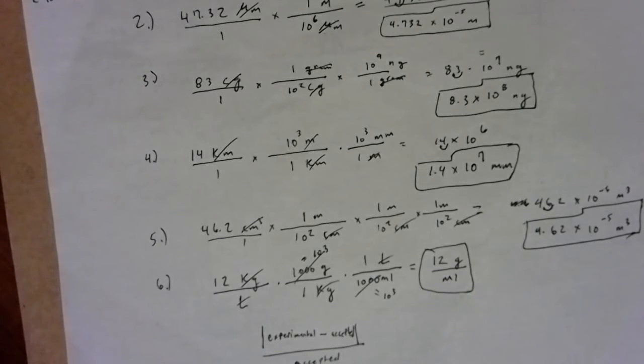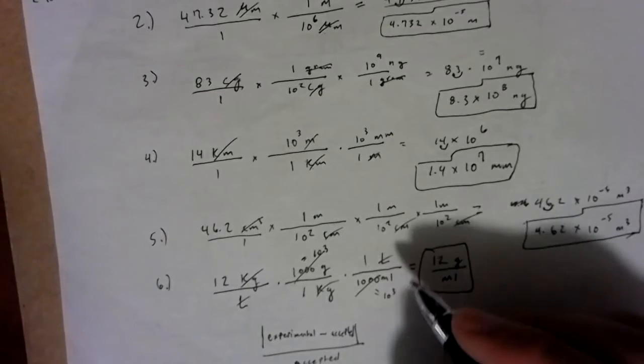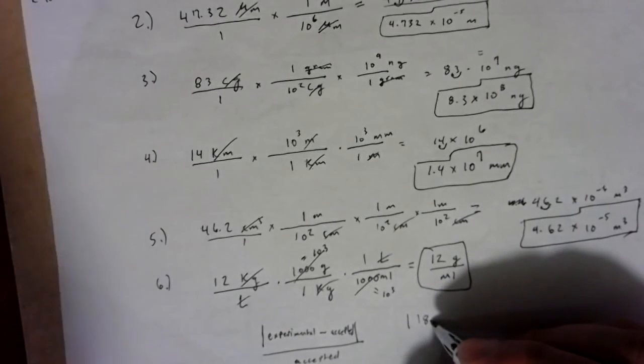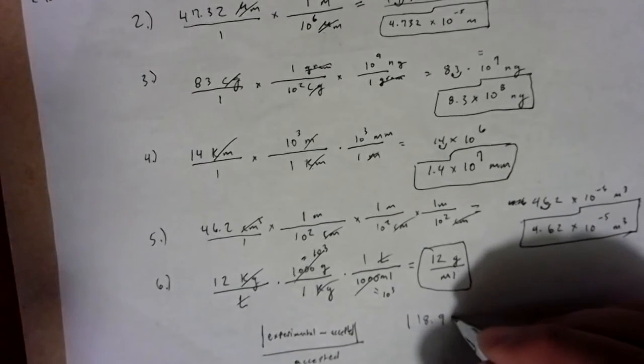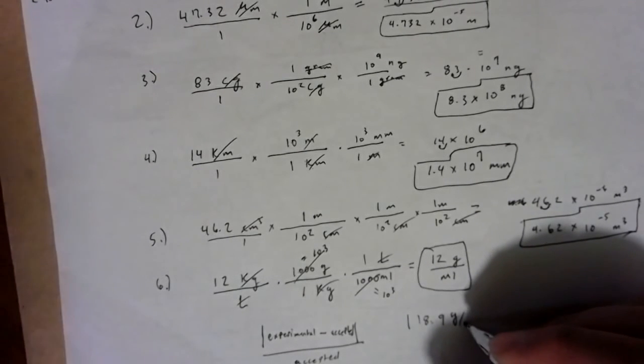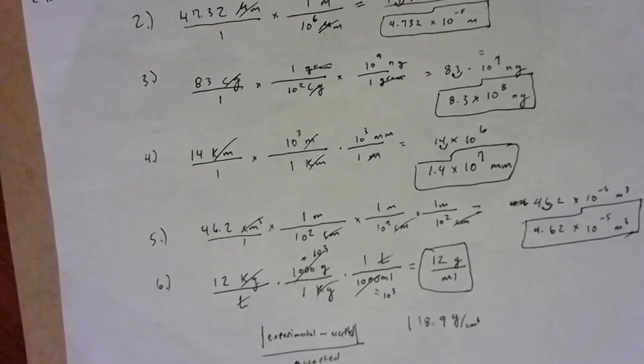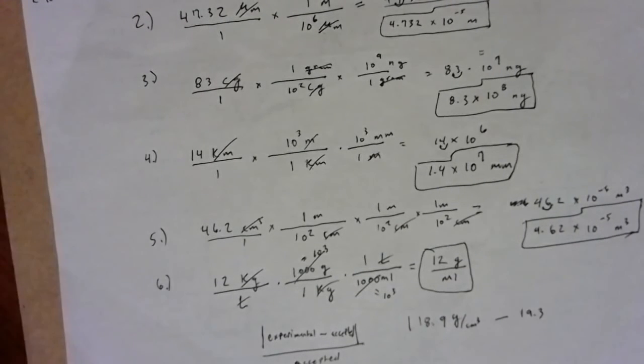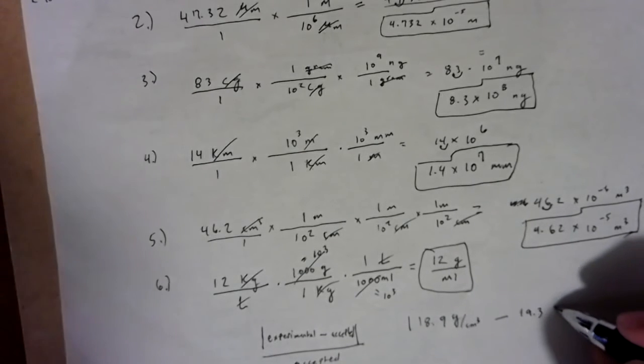Okay, so here we have a lab group determined that the experimental density of gold is 18.9 grams per centimeter cubed. So that's our experimental, so let me write that here. 18.9 grams per centimeter cubed. And then the actual density is 19.3, so minus 19.3 grams per centimeter cubed.